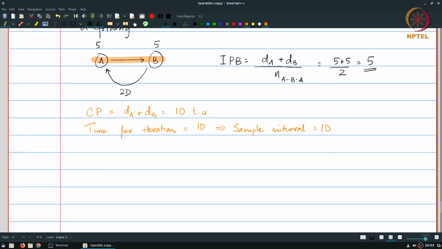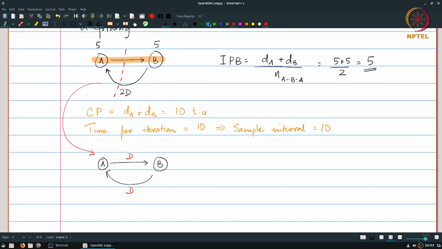Now, you would probably have observed that there's a fairly simple way of converting this data flow graph into something that has a critical path of only 5 time units. The method that we can use is retiming, where essentially what we say is I will take this cut set of edges, and by retiming around that, I will get one delay on the edge from A to B and one delay on the edge from B to A. The overall system will have the same behavior as the original, except that the exact timing would be slightly changed.